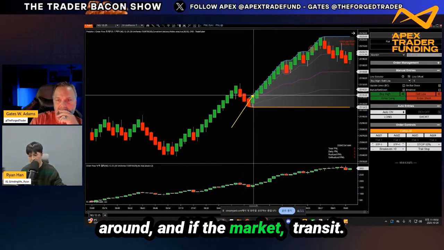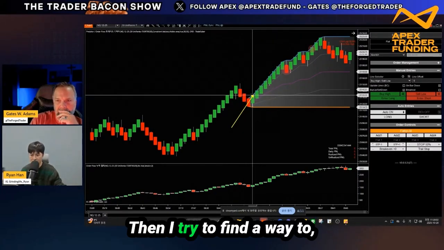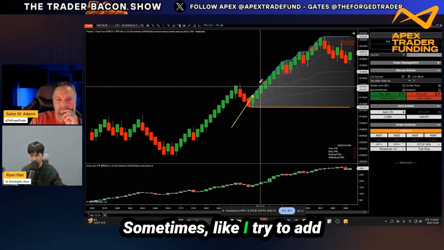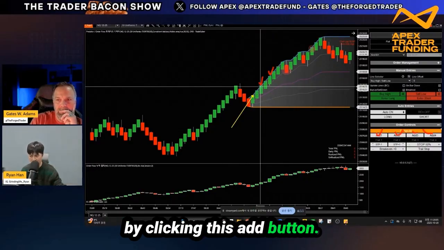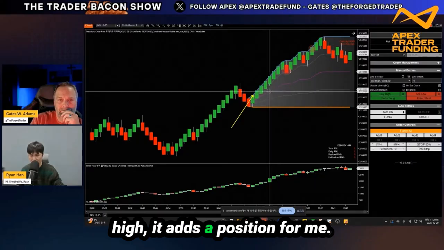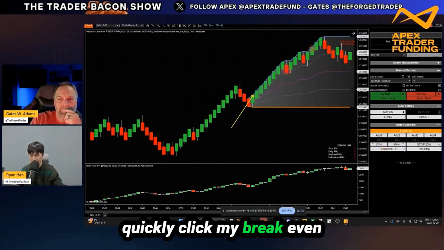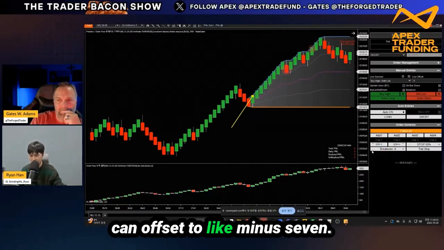And if the market trends toward upside, then I try to find a way to add to my winning position. Sometimes I try to add here, and it's also semi-automated by clicking this add button. So when it makes the new candle high, it adds a position for me. Once I add my position, I quickly click my break even plus 0 with the offset, or I can offset to like -7.